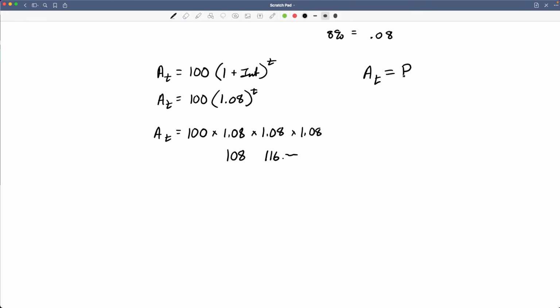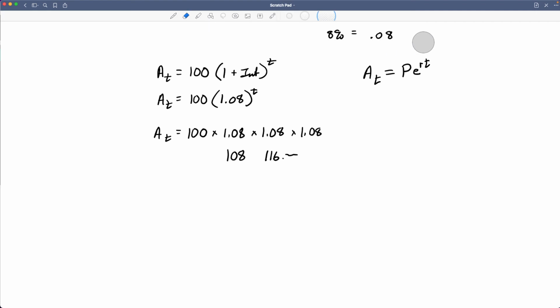So the original amount is P, and that's going to be times e to the exponent of the rate of growth times the time. So PERT. Your money is PERT, I guess. We're going to use this formula to solve a compounding continuously problem.